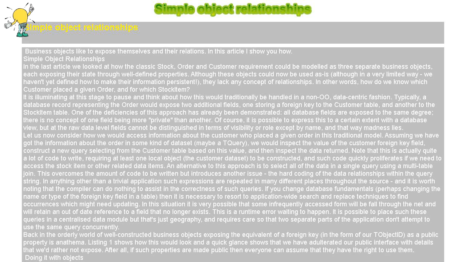Listing 1. Adulterating a class with properties to support relationships. type TOrder = class(TMyAppDObject) private fCustomerID: TObjectID; public property CustomerID: TObjectID read fCustomerID; // other properties follow. Listing 2.